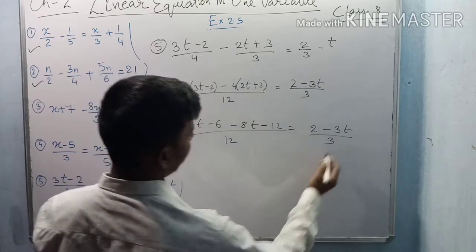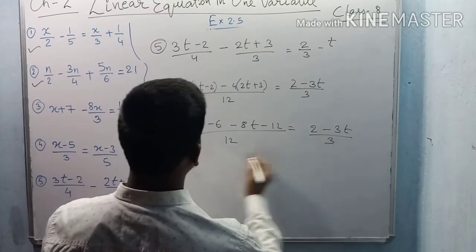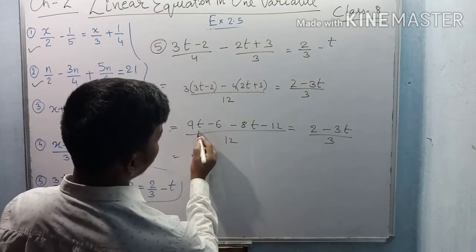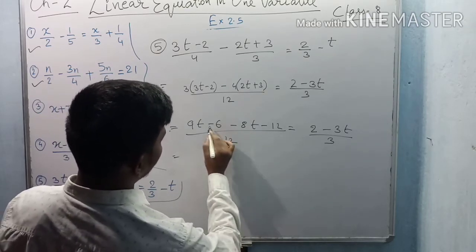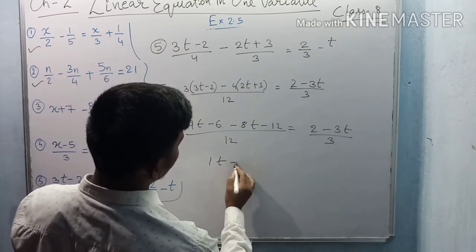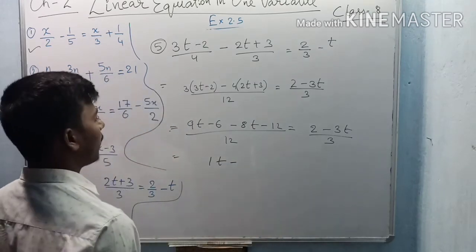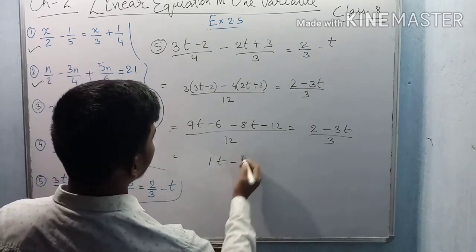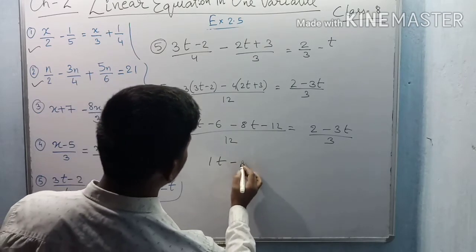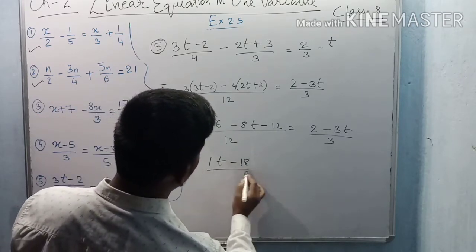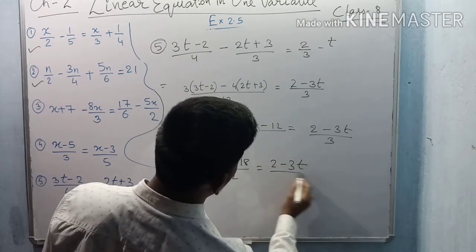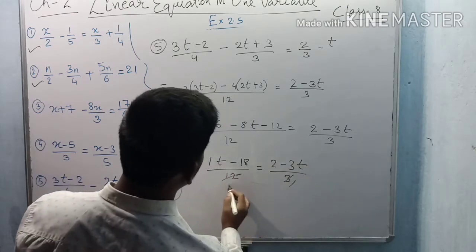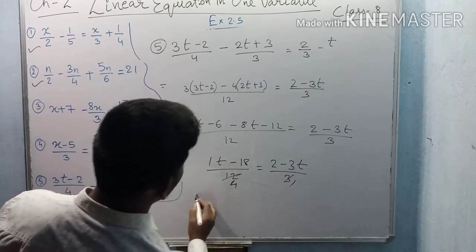So here 9t minus 8t will be 1t, and minus plus, the sign will go with minus only because the greater number is with minus. So minus 6 minus 12 is minus 18, by 12 equals 2 minus 3t by 3. 3 means 3, 3 fours are 12.